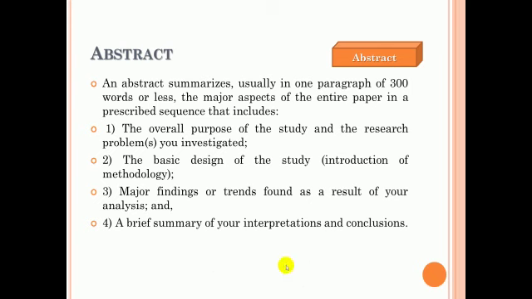Both are needed. An abstract summarizes, usually in one paragraph of 300 words or less, the major aspects of the entire paper in a prescribed sequence that includes: number 1, the overall purpose of the study and the research problems you investigated. This is the first thing that you have to include. Second, the basic design of the study, the introduction of methodology.